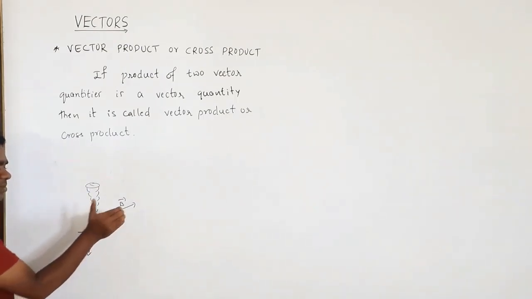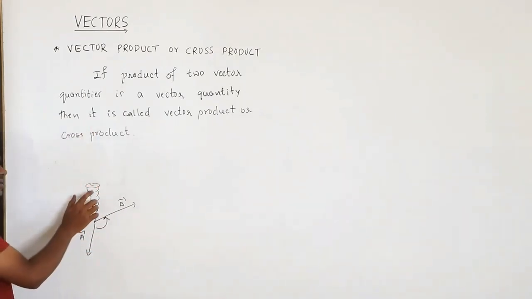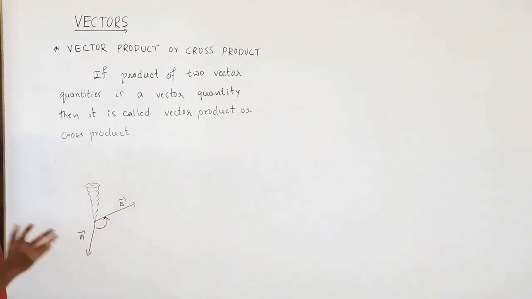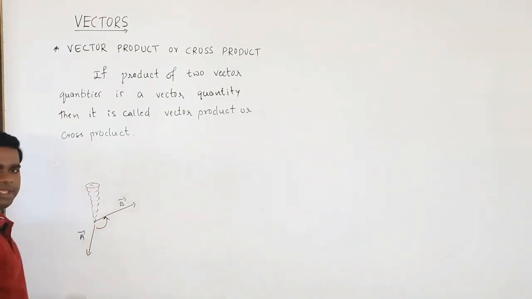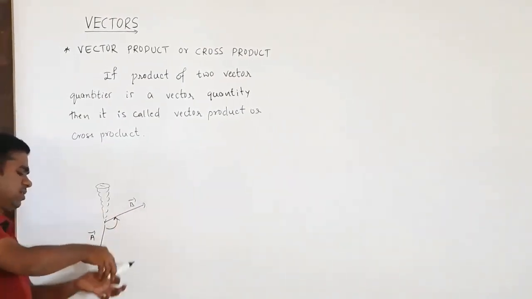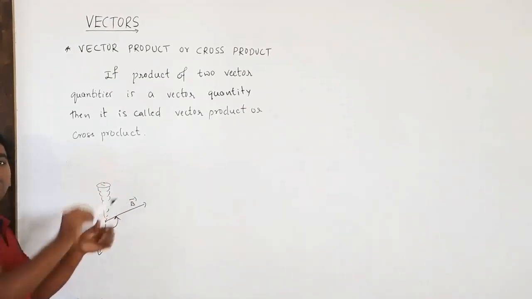When you rotate from here to here, where will this screw move? Will it move along A or along B? It will not move along either A or B. When you rotate it in this direction, it will move in the upward direction.